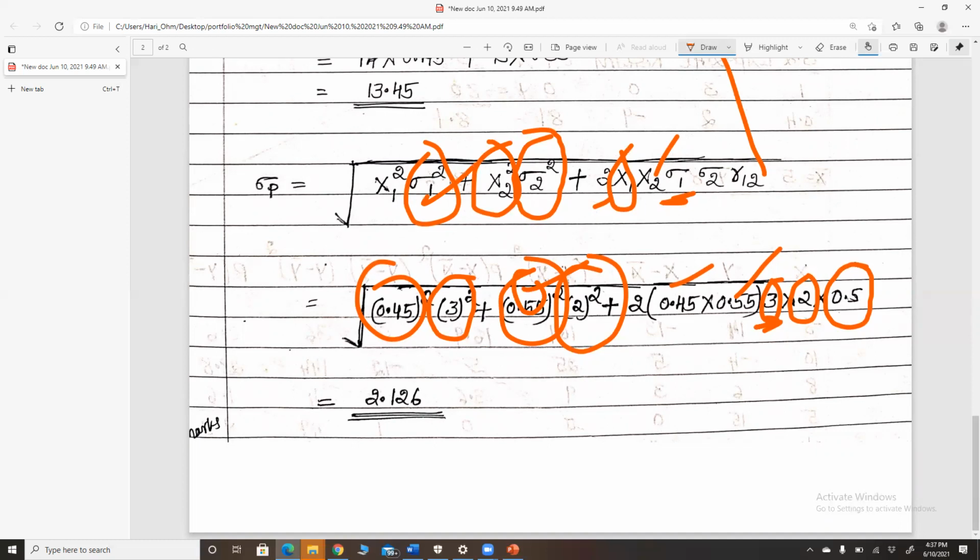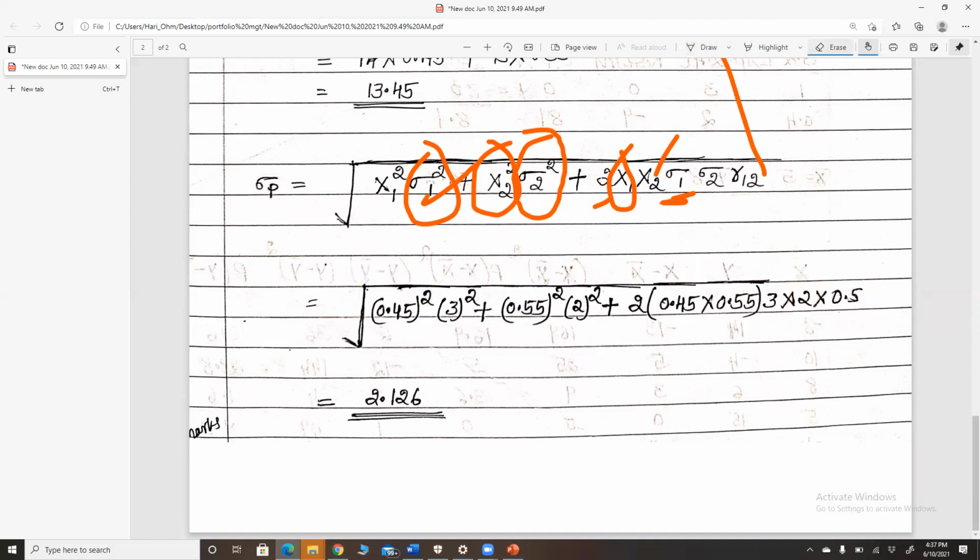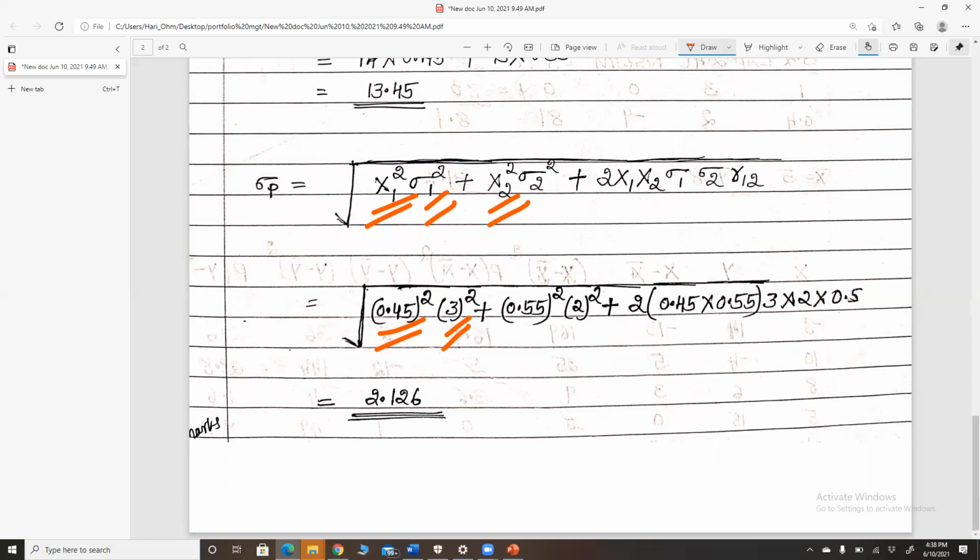One minute, I just erased everything. I will repeat once again. X1 square is 0.45 square, the stock X proportion, that is 0.45. Then standard deviation 1, the stock X standard deviation, is 3, so 3 square, plus x2, the stock Y proportion, that is 0.55 square.